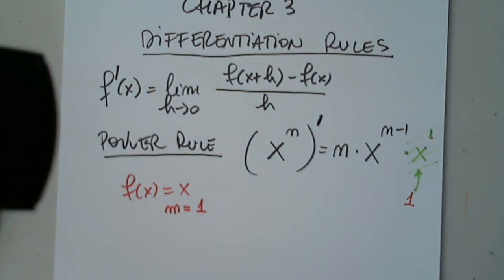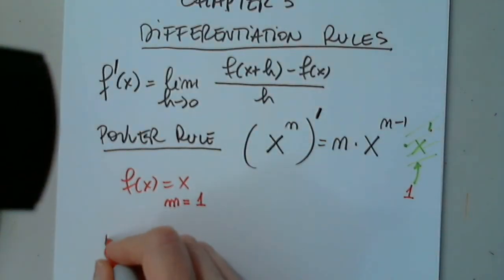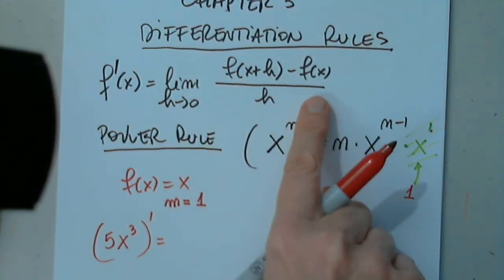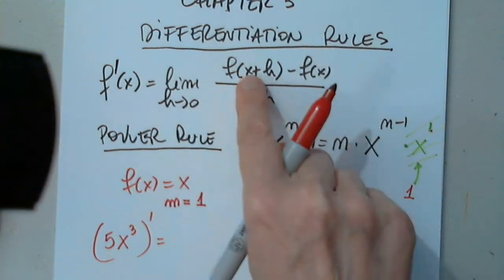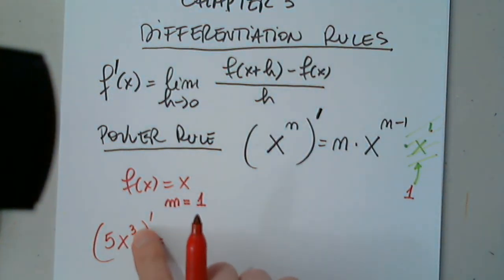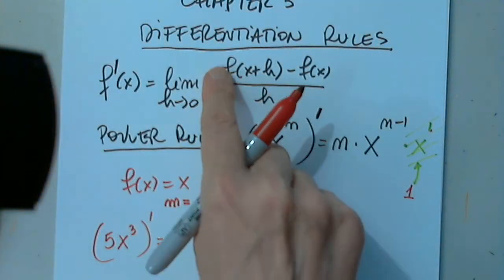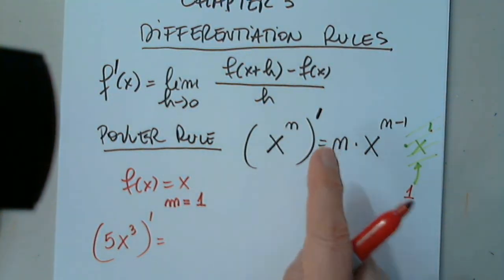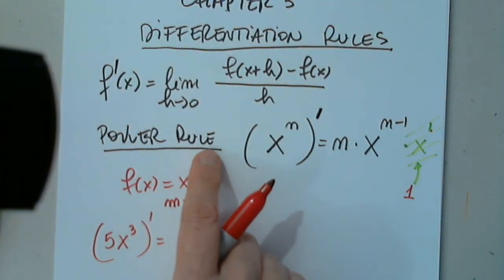Now what happens if I have a constant in front? Let's say 5x to the third, and I want to differentiate. This would take me 5 minutes to plug in x plus h in x cubed, factor out the 5, put it in front, and so on and so forth. But we have the power rule.